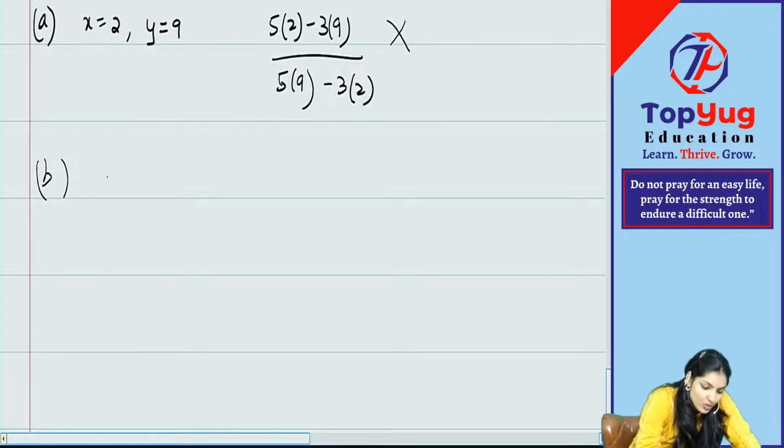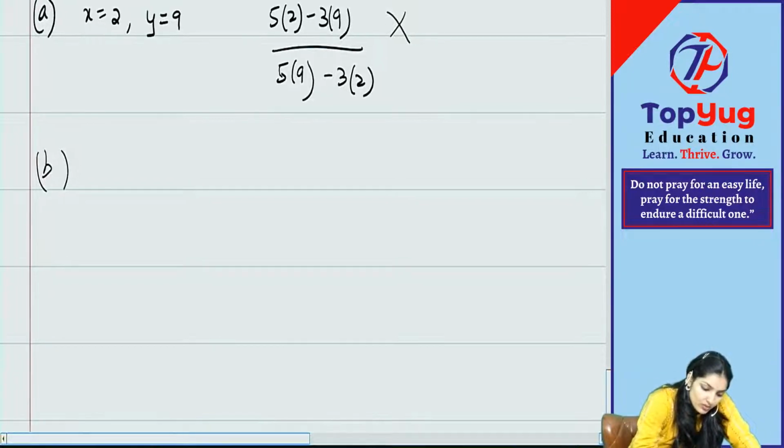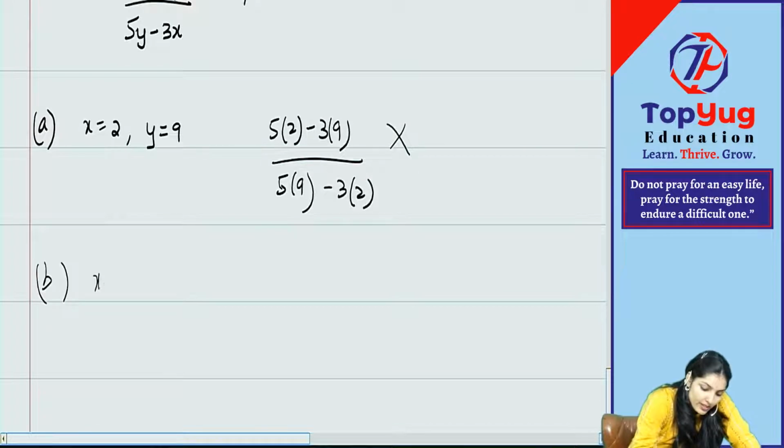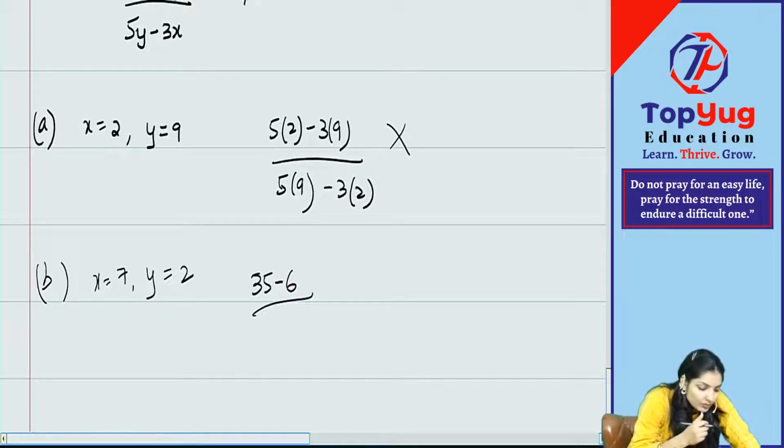Now option B, 7 is to 2. So x is equal to 7, y is equal to 2. So 5 7s are 35 minus 6, and again the answer would not be there.